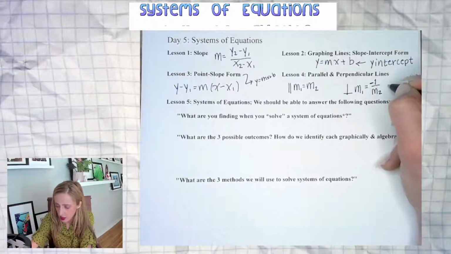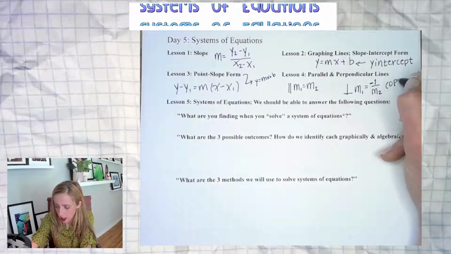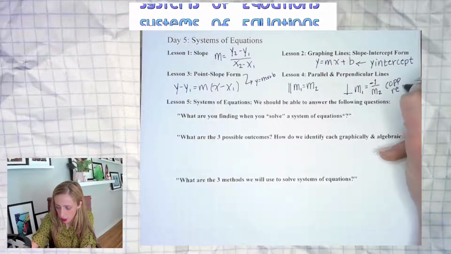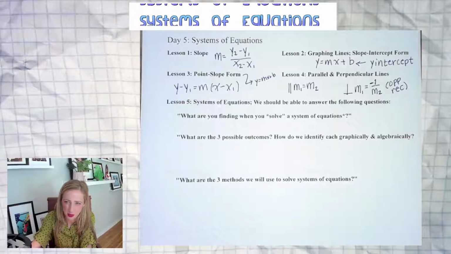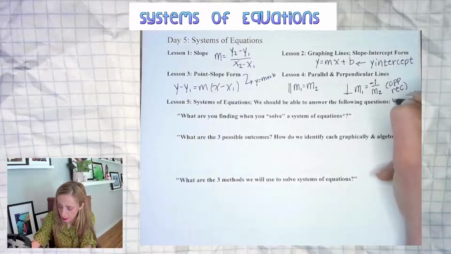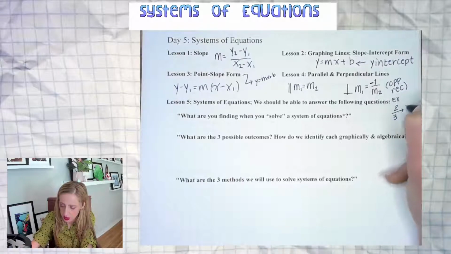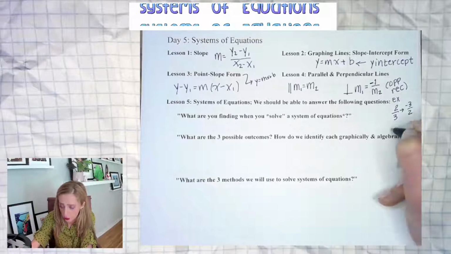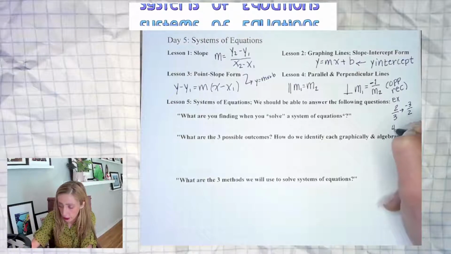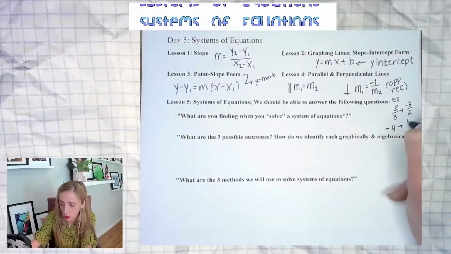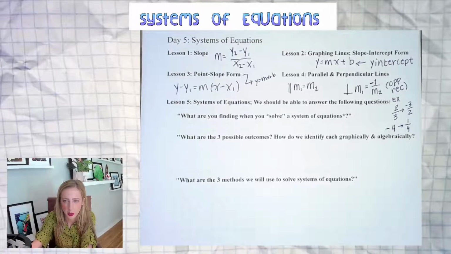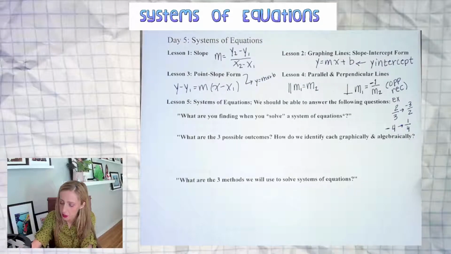You could write it like this, or we can just write in parentheses OPP REC for reciprocal. I'm just abbreviating. So as an example, 2/3 would turn into -3/2. If we had a 4 or a -4, that would turn into a +1/4, and so on. All right, so that's what we did there.